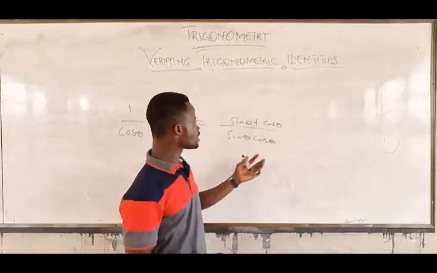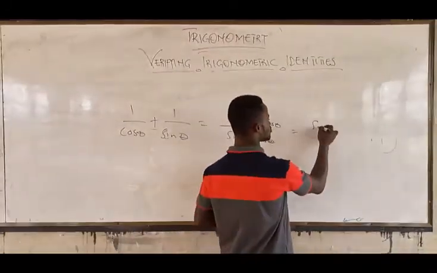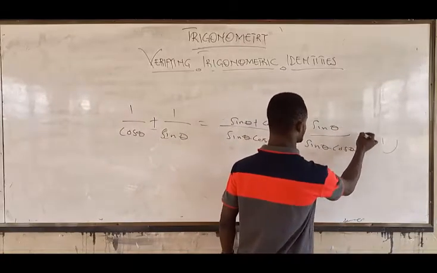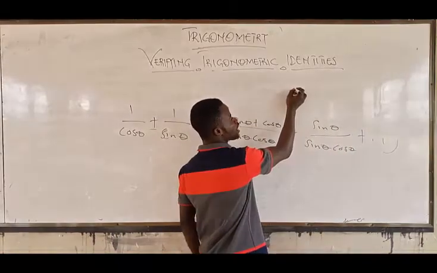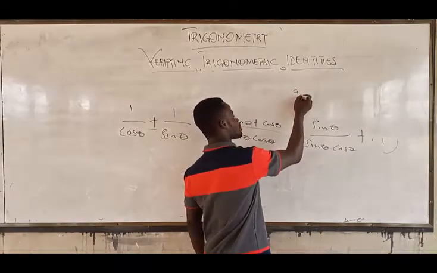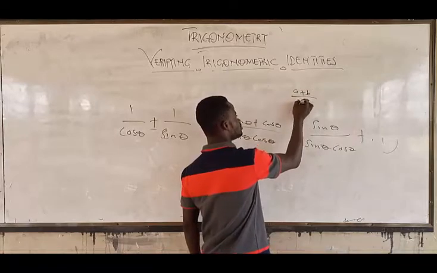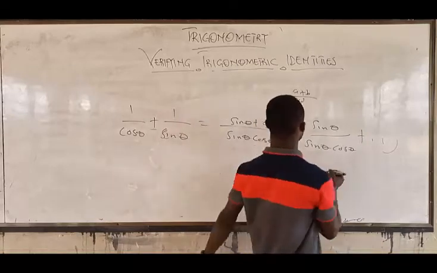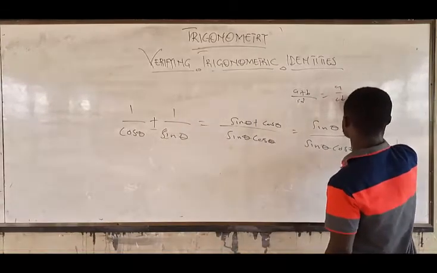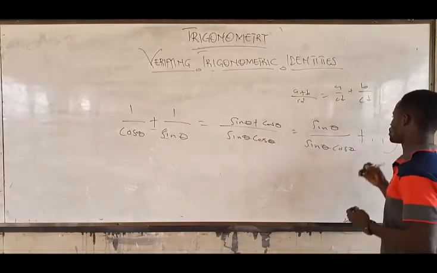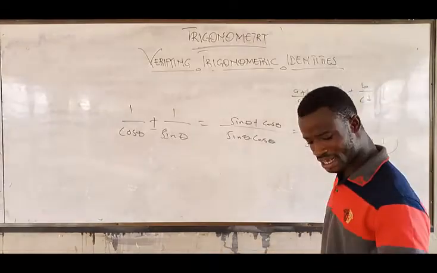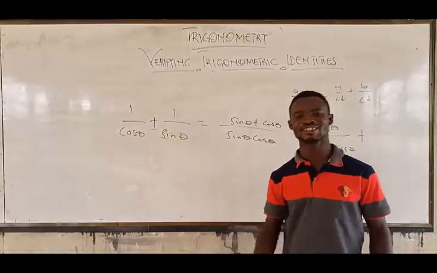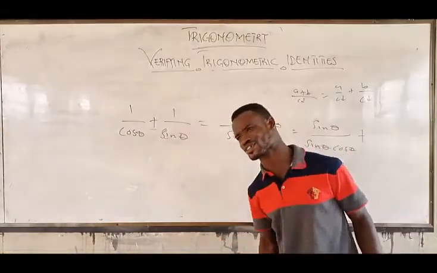Very good. Now with this, we can even rewrite it in the form sine theta over sine theta cos theta plus cos theta over sine theta cos theta, because we can split. If you have a plus b over cd, then we can split this. This will be a over cd plus b over cd. In fact, if you don't understand what I'm doing, you will say, oh, Prof, let's continue to solve more questions.